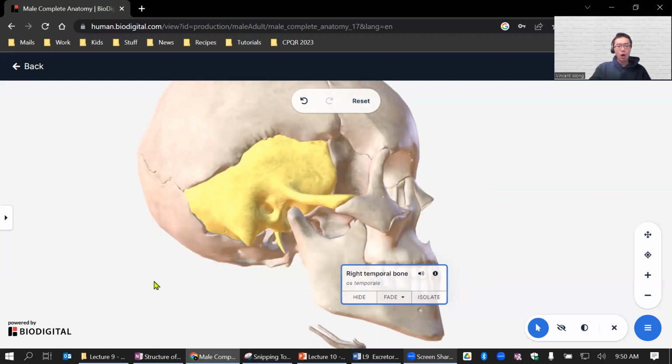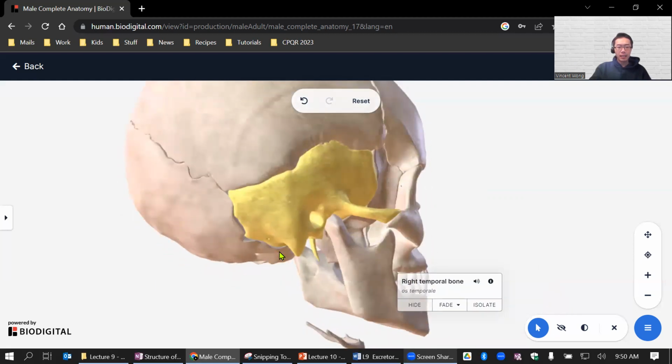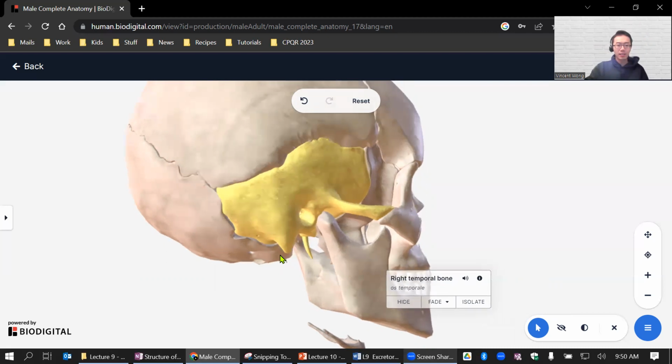There's a little knob here. It's called a mastoid process. You don't have to know that. But if you feel the back of the ear, go ahead and touch the back of the ear, you feel a knob, right? Hopefully you feel a knob. That knob is this thing right here. There is a muscle that attaches to that knob and runs all the way down the neck to your sternum.